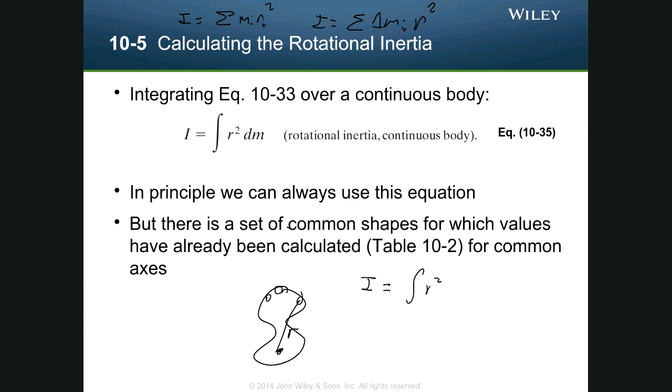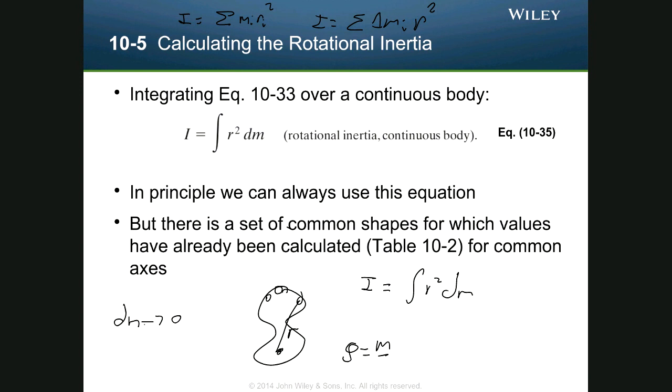Now the dm differential can seem like an enormous pain in the rear, and it is. But remember, when we have a dm, actually, no, you don't. You might not remember this, but when you have a dm, you can turn that into a density, because remember, density is equal to m over v.